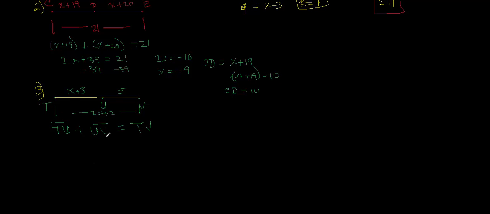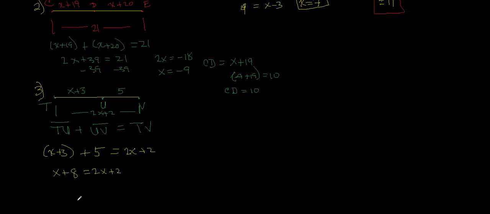Then that gives us x plus 3 plus 5, and then the TV total would be equal to 2x plus 2. So 2x plus 2 is our total, and then solving for x, we can combine like terms always. x plus 8 is 2x plus 2.